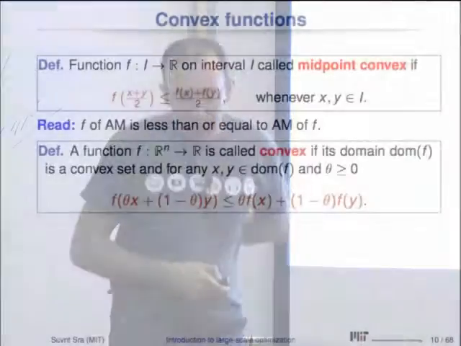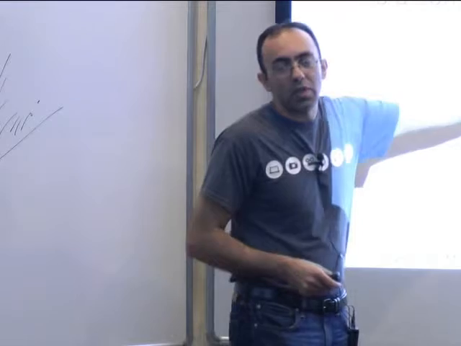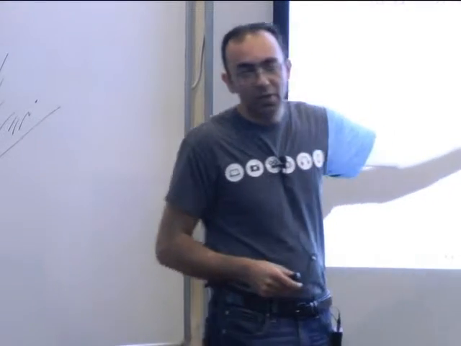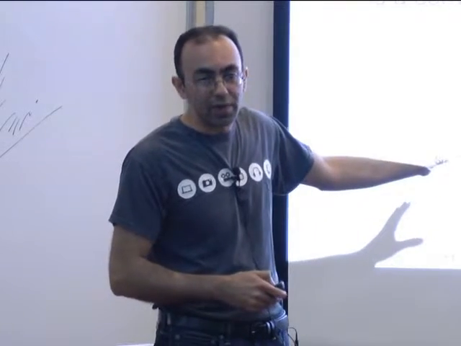The way I like to read this inequality is: function f at the arithmetic mean of x and y is smaller than the arithmetic mean of f at x and y. That's why this is called arithmetic mean convexity. More generally, with all possible fractional combinations, you have that inequality. That's the more general definition of convexity.